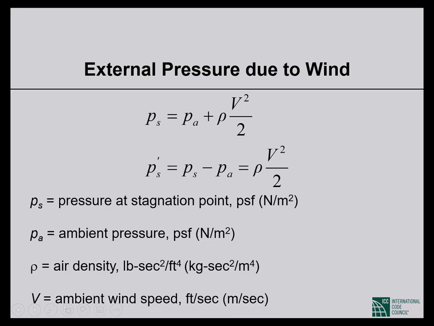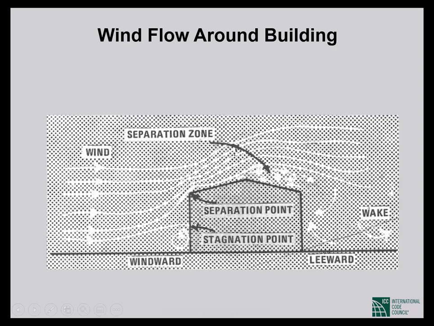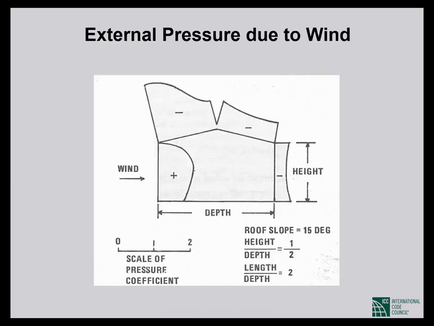I should say that near the center of the windward face, there is a point called the stagnation point where the positive pressure is the highest at any point on the surface of the building. And the pressure there is called the stagnation pressure. That's the highest pressure experienced anywhere on the surface of the building. And the stagnation pressure is equal to 1/2 rho v squared from physics.